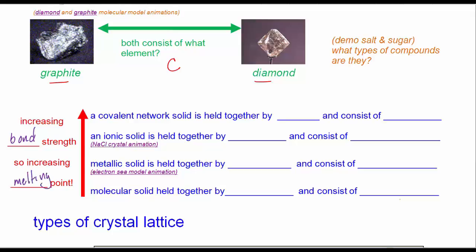So out of these different solids, the solid with the highest melting point are the covalent network solids, like diamond. They're held together by covalent bonds, and consist of nonmetallic atoms.